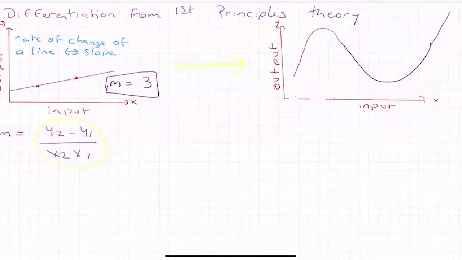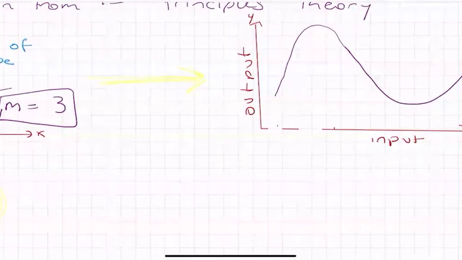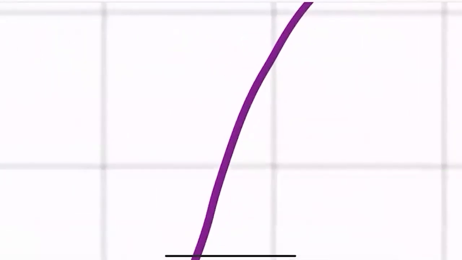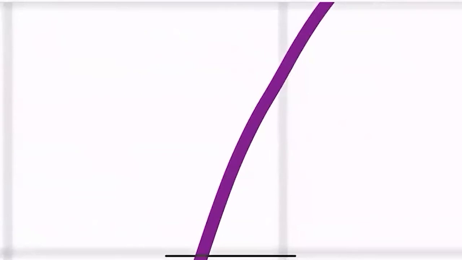Okay, now how do we apply it in this case? Well, the theory states that if I zoom into this curve, and I mean properly zoom, and just look at a tiny bit of it, can you see between those 2 points, it is practically a straight line. That's at a point x.